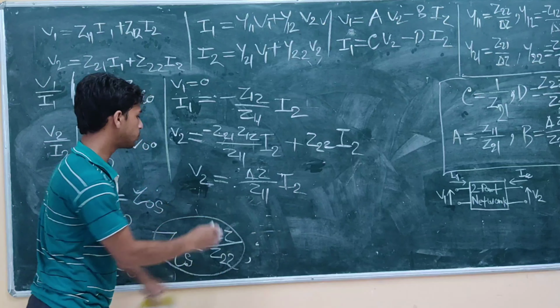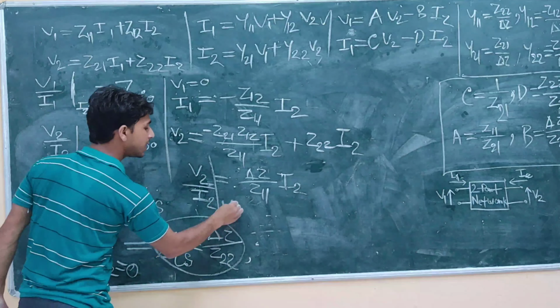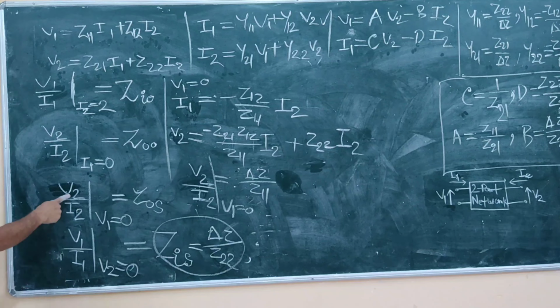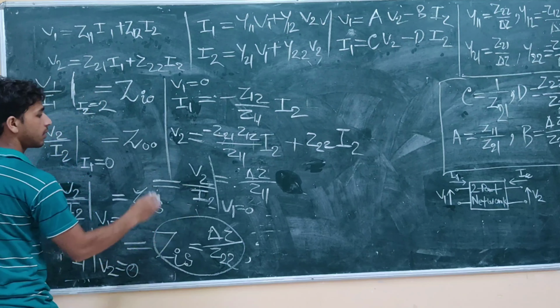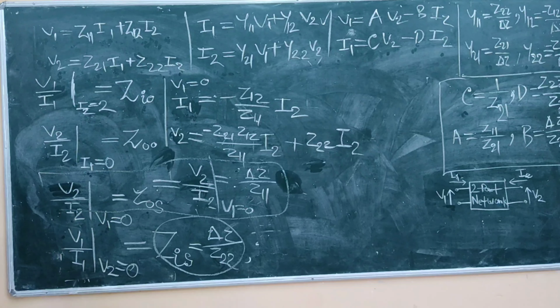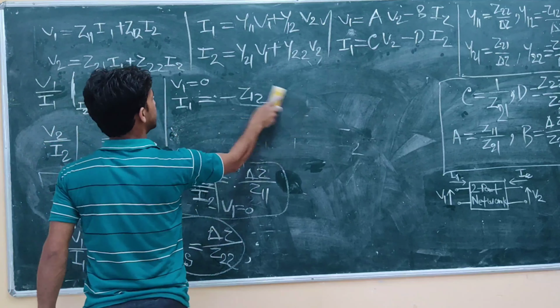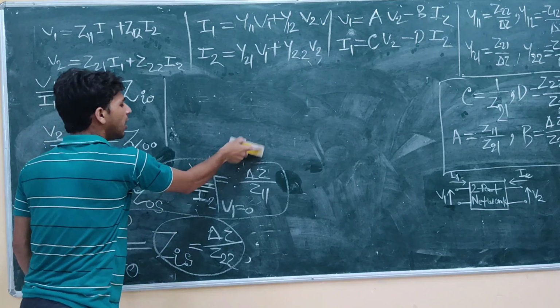And if you take this I2 to the other hand side, we have V2 divided by I2 when V1 equals to 0 as delta Z divided by Z11. So this is the second relation for impedance parameter with the short circuit and open circuit case. And other two relations can be made very easily.